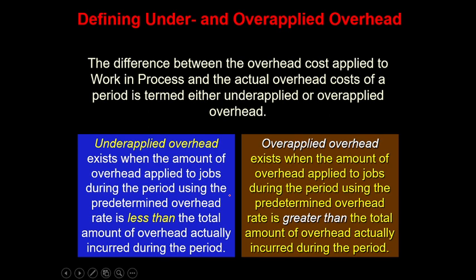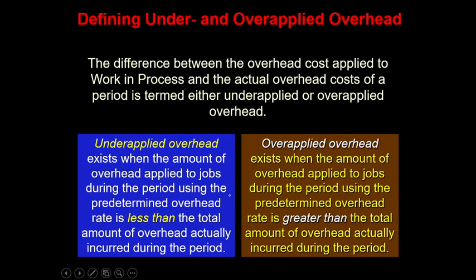So, now let's go back. Kanina may problema tayo. Sir, yung actual is different from our standard or from our applied. Now, the difference will be considered as an overapplied or underapplied. We have an underapplied overhead if the applied cost during the period is lower than your actual cost. Overapplied if it's higher or greater than our actual cost.